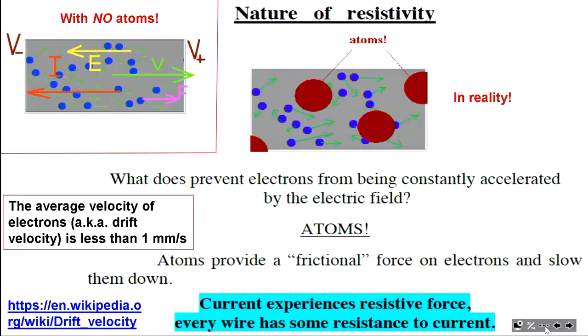With big atoms, collisions happen more often, so it slows the electrons down. Also, it depends on temperature, because when we increase temperature, atoms start wiggling more vigorously, so they present more resistivity to the electron flow.